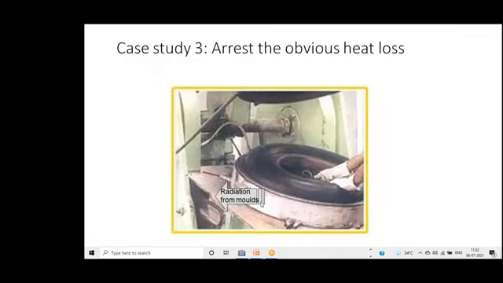This is another simple application. This is a tire tube molding machine. The tube molds are kept inside this oven. The molds are closed, and then thermic fluid is circulated over this section.